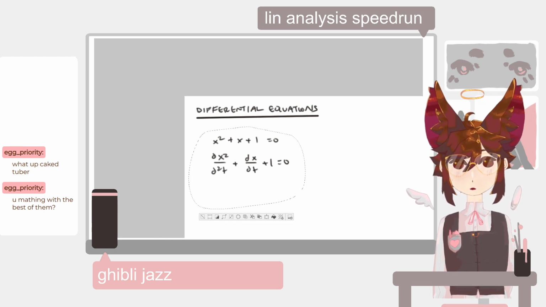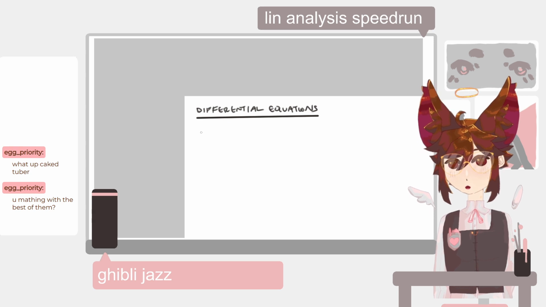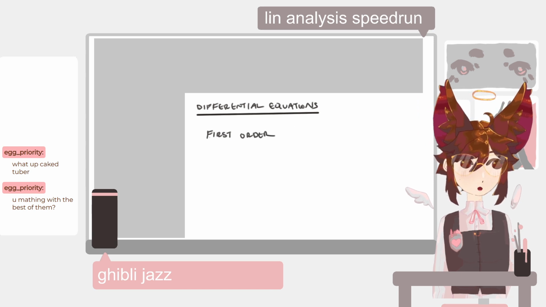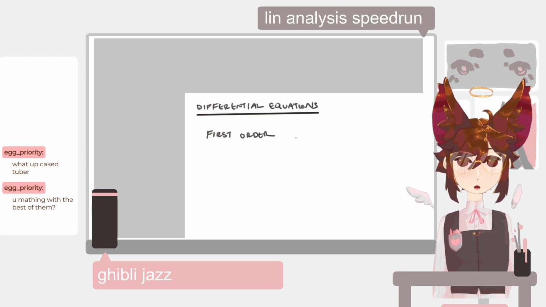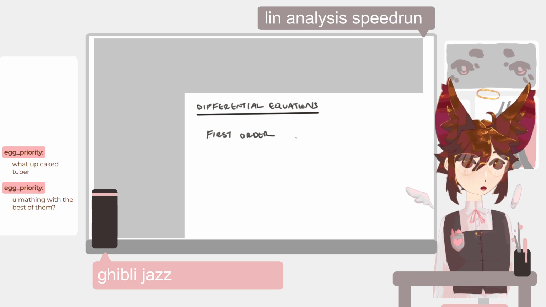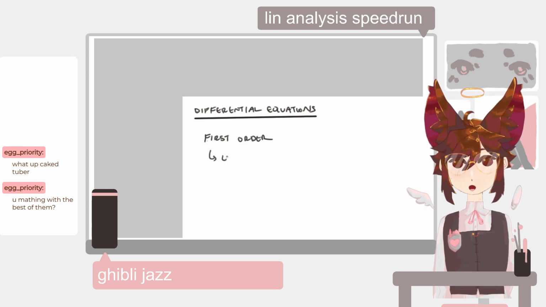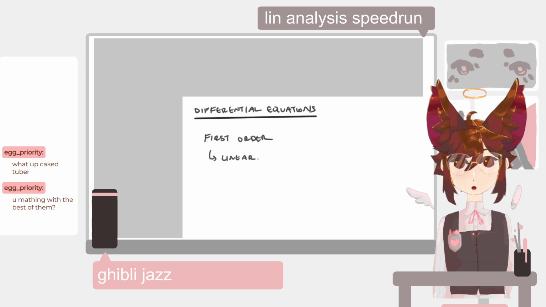So we're not going to focus on anything that's not first order, really. So we're going to start with first order differential equations. And there are a couple different modifiers, like adjectives, we can use to describe differential equations, right? We know of a couple. We know linear is one. We know ordinary is another.